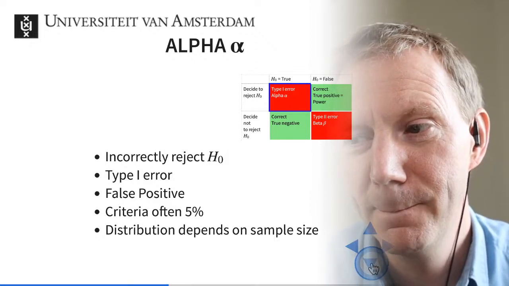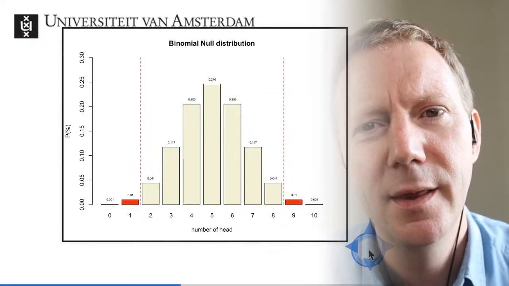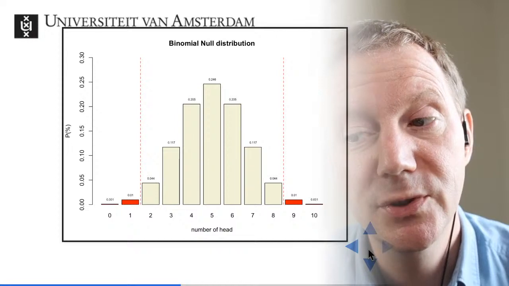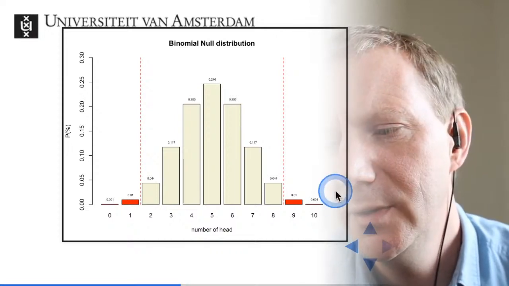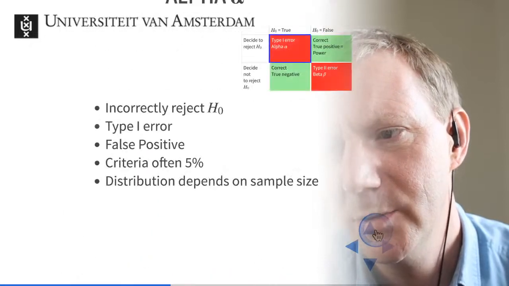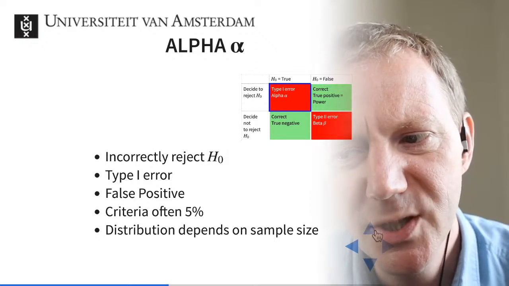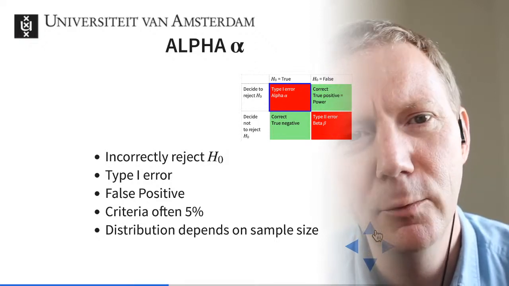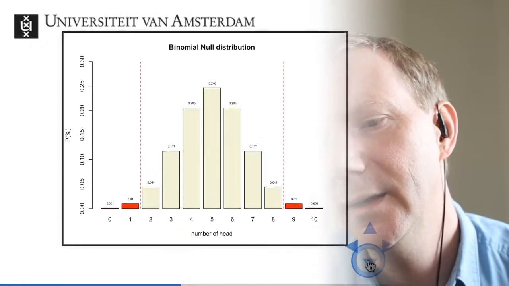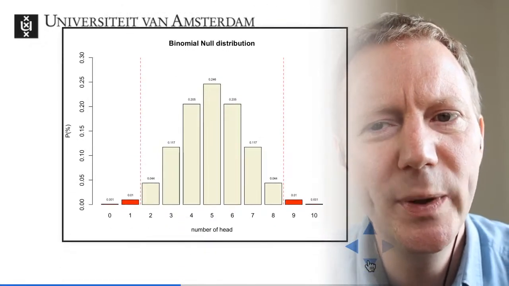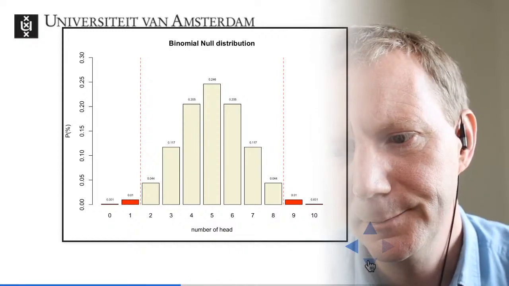Because we assume the null to be true, and you define the probability based on that assumption, so under the assumption that the null is true, what is the probability that I would allow for my mistake? Or in our example, what do we deem rare? And we could choose 5%.